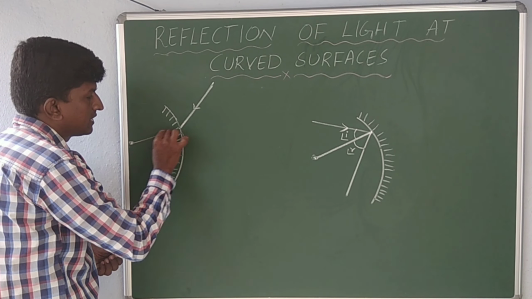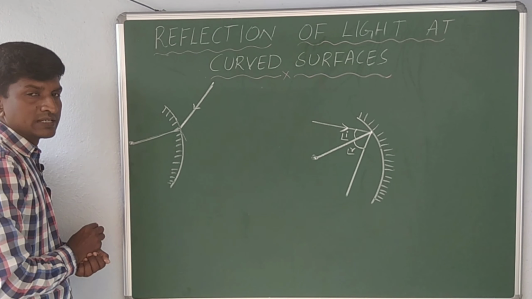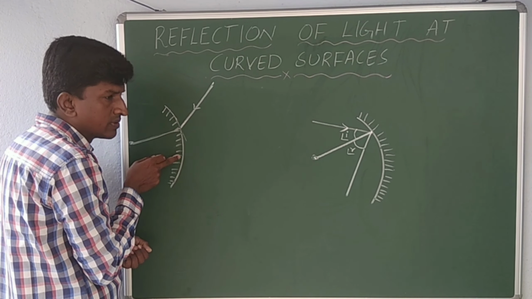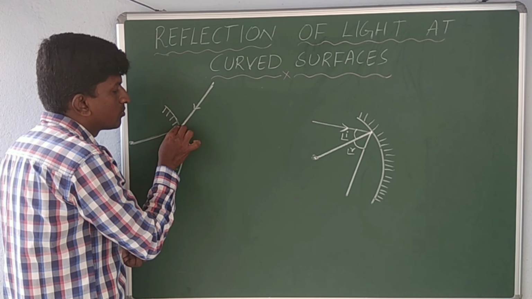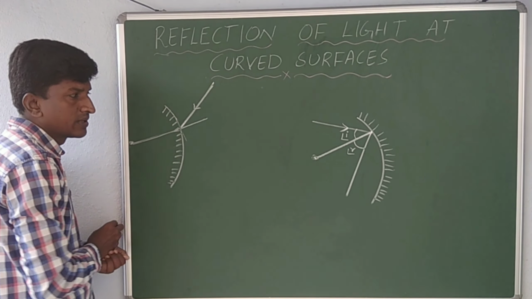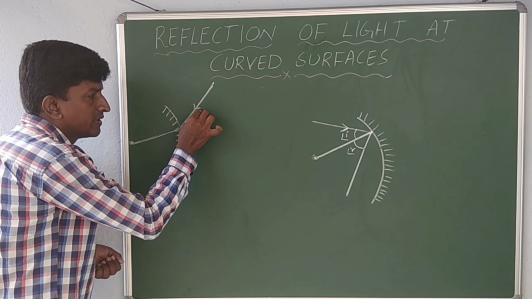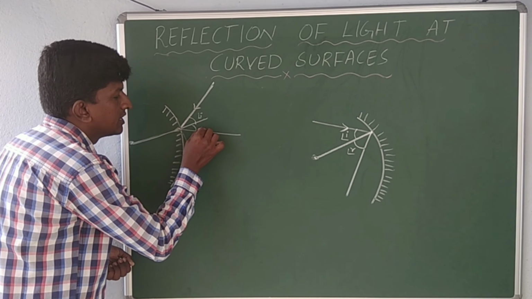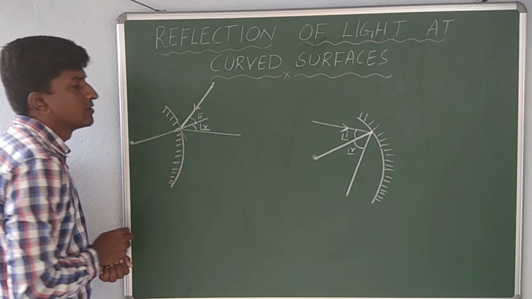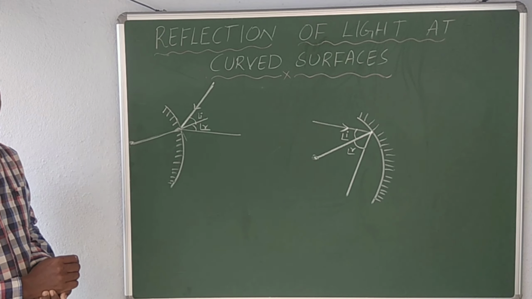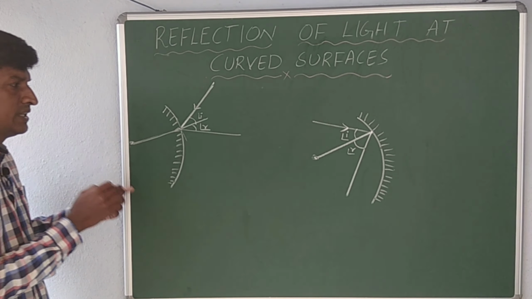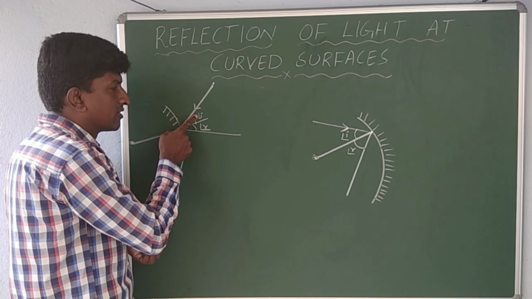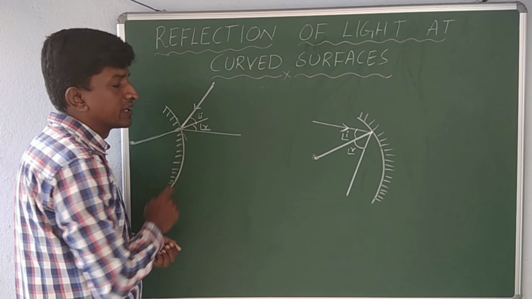So the normal line is nothing but the radius, and in the case of a convex mirror we need to prolong this normal line. Then it is the angle of incidence, then it gets reflected and becomes the angle of reflection. In this way we calculate the angle of incidence and angle of reflection.